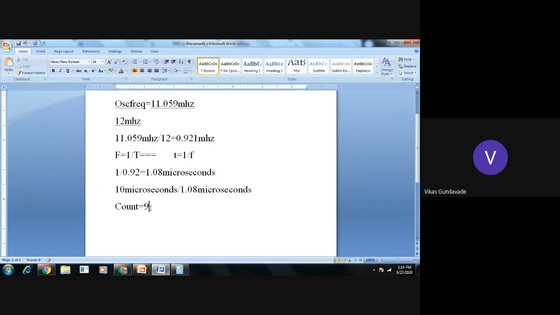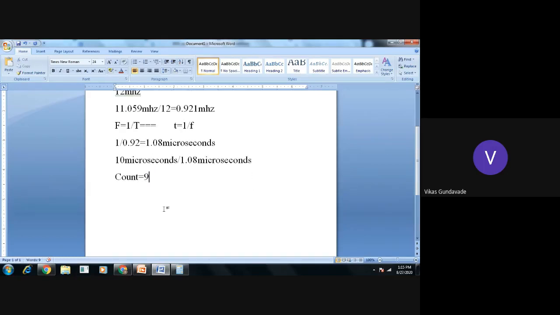That means we need to load this 9 into the TH0 and TL0 registers, or TH and TL registers. Now, how to load this count into TH and TL? Let's assume the timer is being used in 16-bit mode.